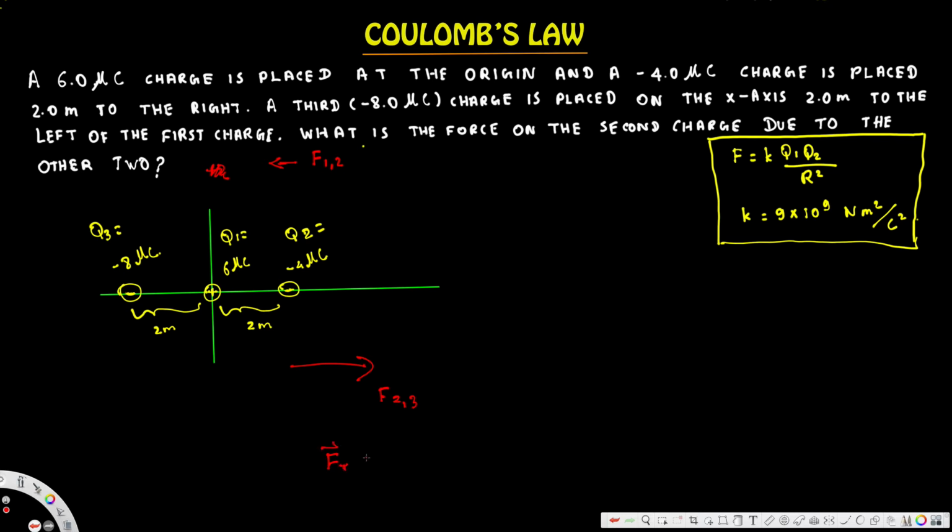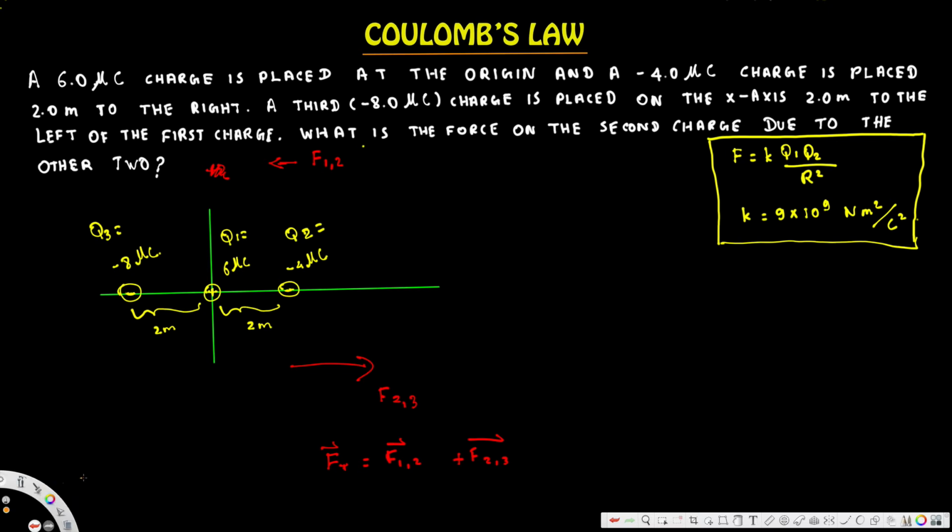So F total is going to be F12 plus F23. One of them is in the negative direction and the other in the positive x direction. After we calculate the magnitudes, F12 is going to be subtracted because it is in the negative x direction.